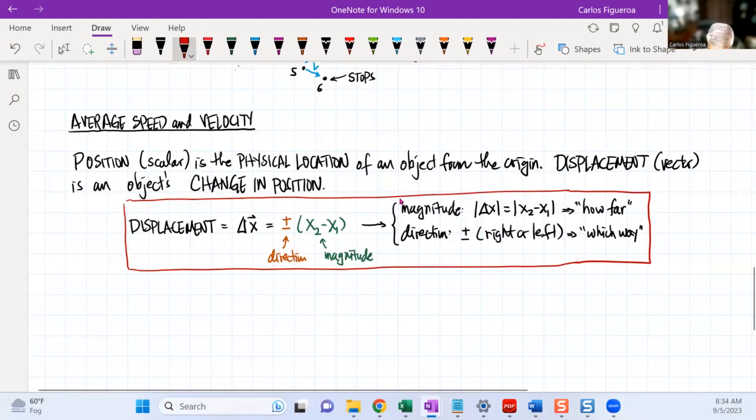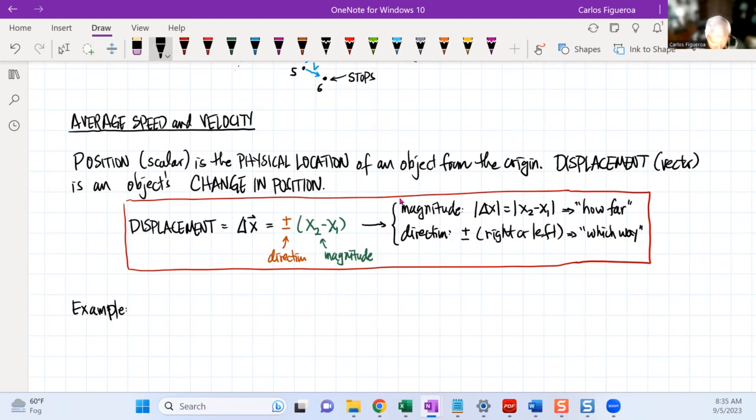So as an example, I'm just kind of making this up as I go along. So let's do this here.